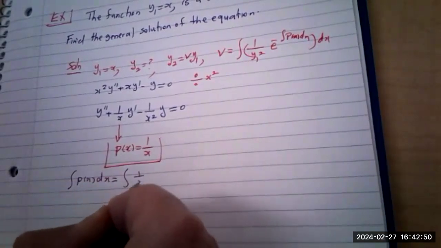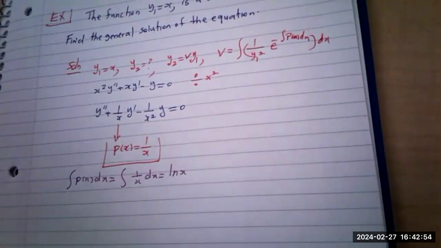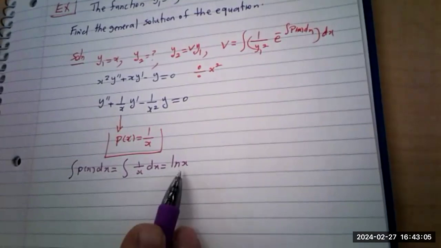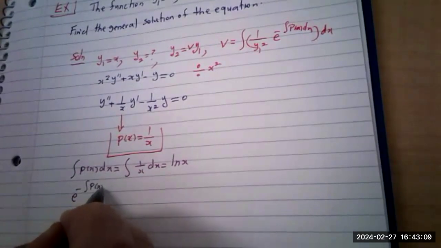It's going to be the integral of 1 over x dx, which is ln x, no constant, remember, because this is not the solution. It's just an integrating factor. Now go for the e to the negative integral of p(x) dx.